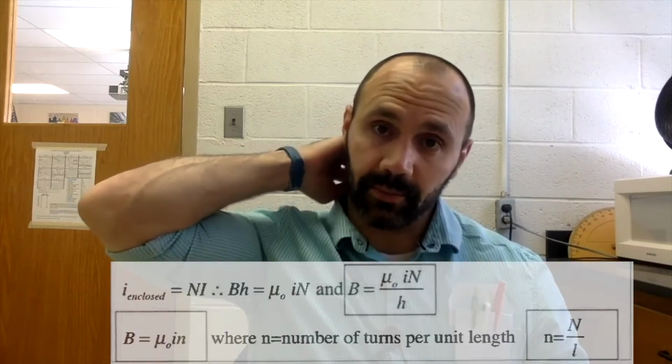Solenoids are going to play a big role in the next chapter, chapter 30, where we start putting these things into circuits and seeing how circuits are affected that way. Short solenoids, we're just going to look at this really briefly. In reality, the magnetic field is not constant in the solenoid.